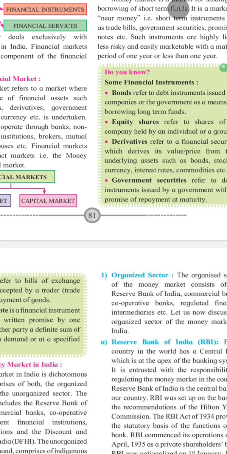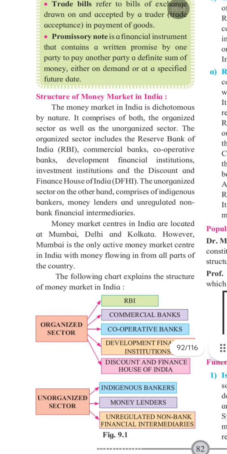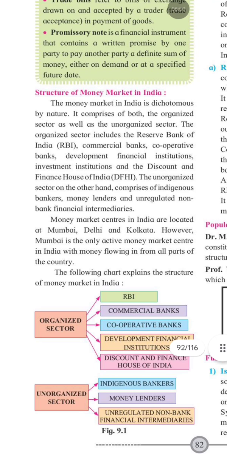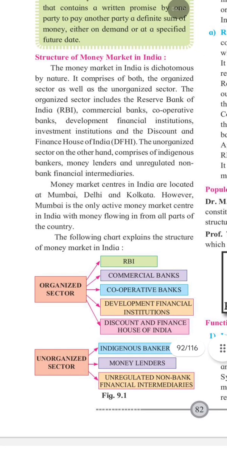Now, let's understand the structure of the money market in India. The money market in India has a dichotomous structure. The word dichotomous simply means it is divided into two parts, the organized sector and the unorganized sector. You can see here below. The organized sector includes institutions that are properly regulated and supervised.